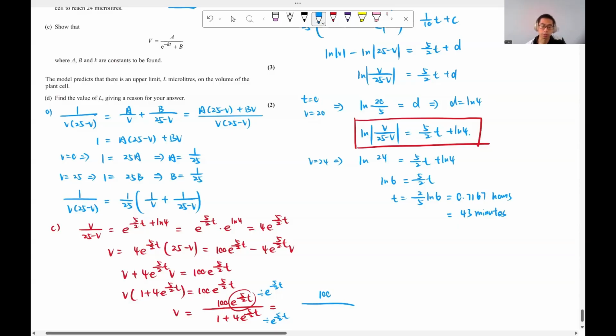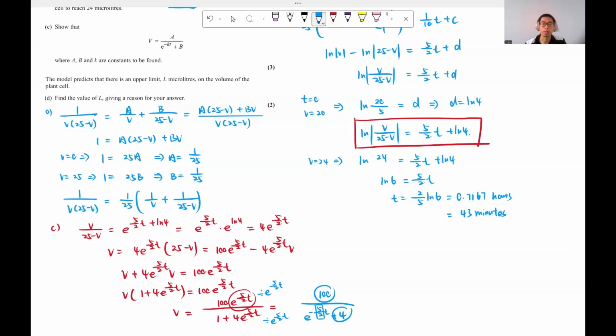And 1 divided by e to the power of 5 over 2t will become e to the power of negative 5 over 2t, because 1 over means reciprocal, which means the power of negative 1. And 4 e to the power of 5 over 2t divided by e to the power of 5 over 2t, there's just 4 left. So in this case, a is 100, b is equal to 4, and k is just 5 over 2, which is what they want.